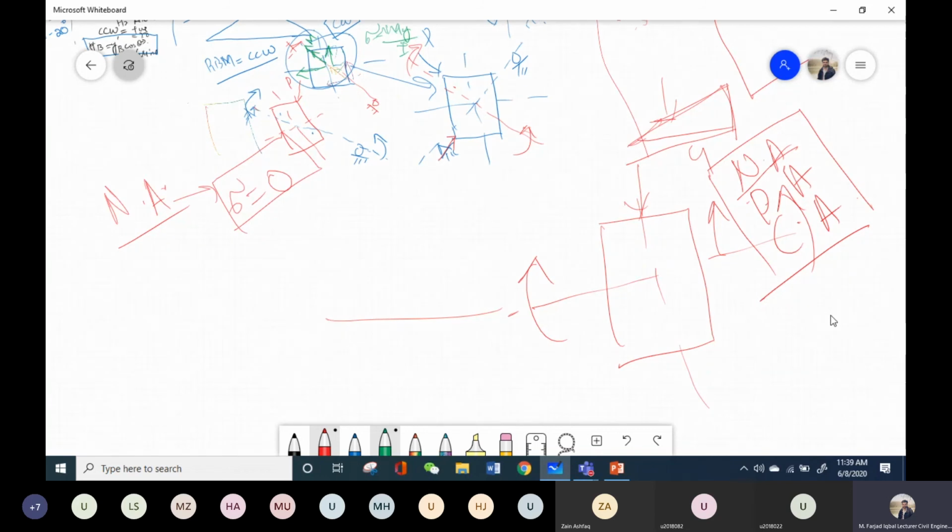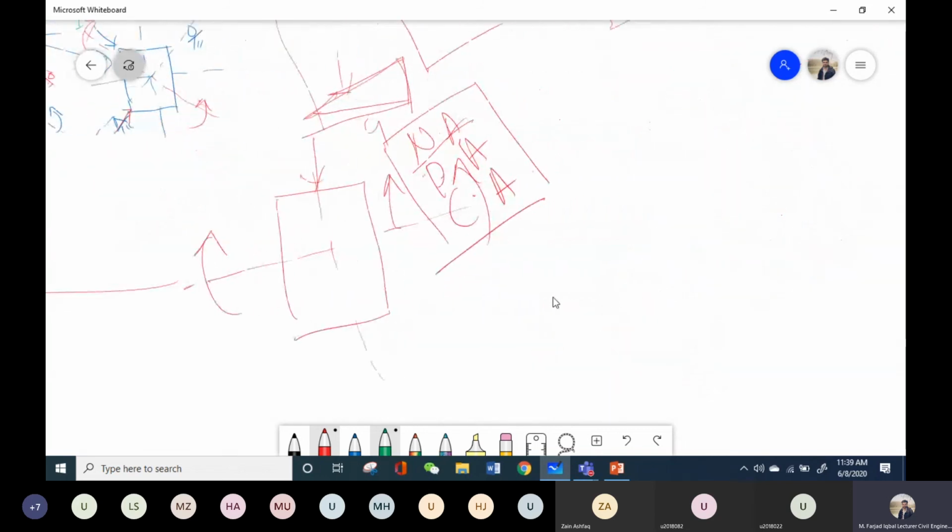But let's come to the question of, let's say, an unsymmetric section, or for example, this section, and in this case, let's say the load was being applied in the inclined direction. Now, in this case, the bending is being produced around an inclined axis which is perpendicular to this applied load.